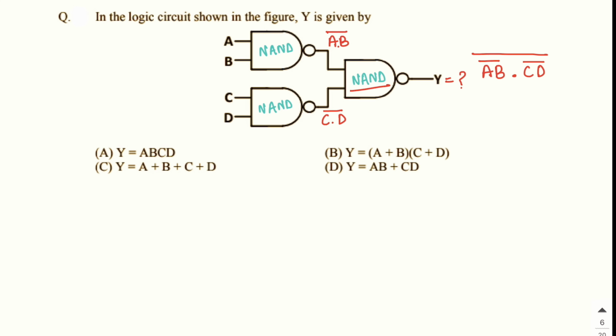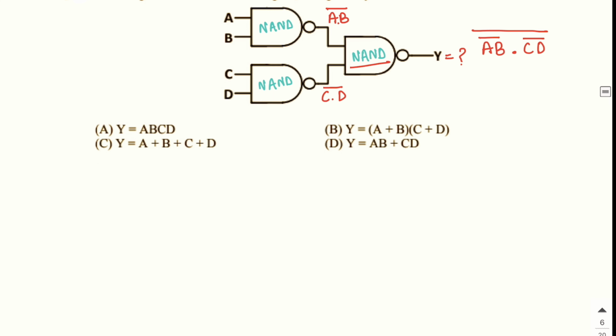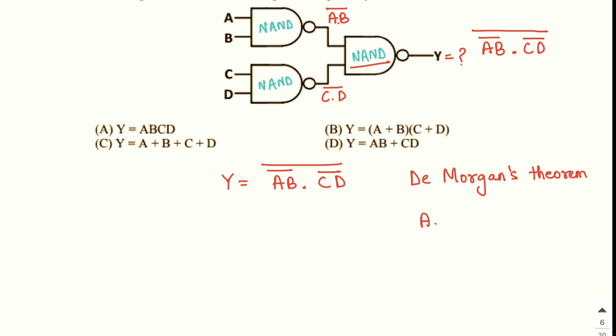Now just to find out what y is, you need to solve this expression, that is y is equal to AB bar dot CD bar whole bar. Now I apply what is called De Morgan's theorem, and De Morgan's theorem says that whenever you have A dot B whole bar, this is equal to A bar plus B bar.